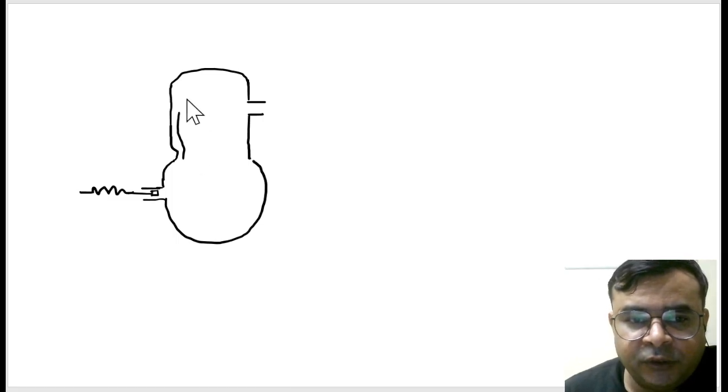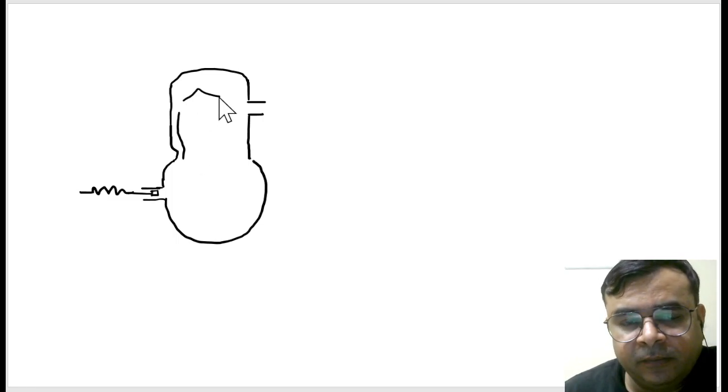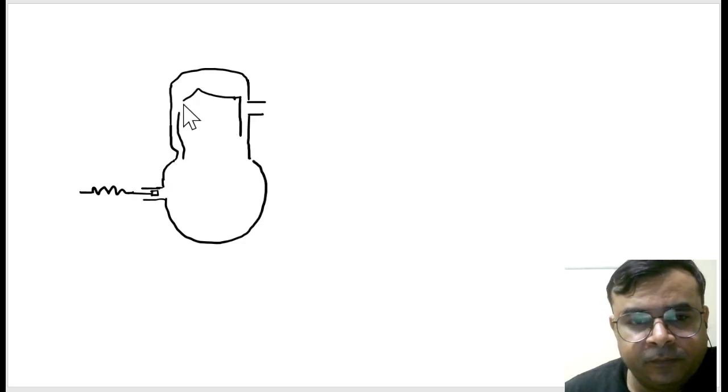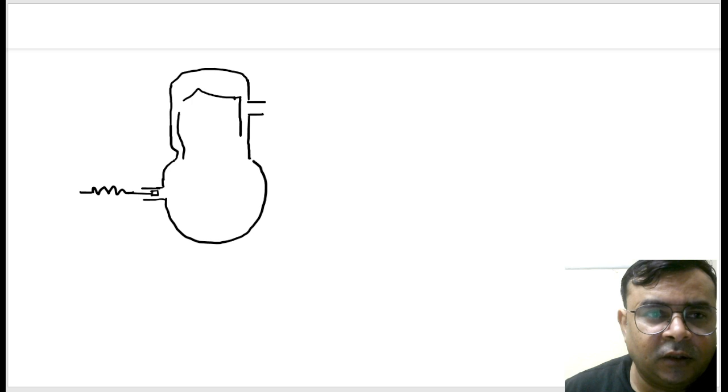And we have a piston which has a crown. This is called the crown.